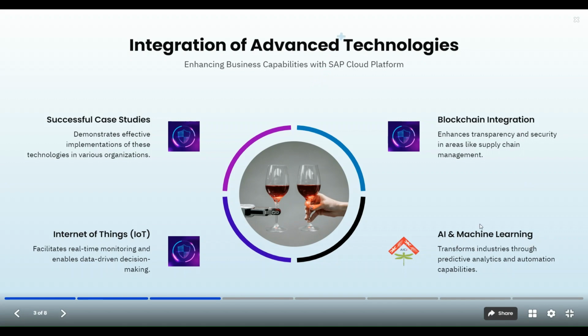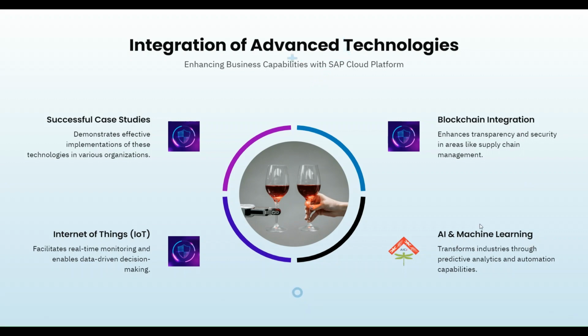AI and machine learning capabilities are also supported, enabling predictive analytics and automation. This platform also connects with IoT devices, allowing real-time monitoring and data-driven decision making. We'll explore some useful case studies where businesses have integrated these technologies to supercharge their operations.